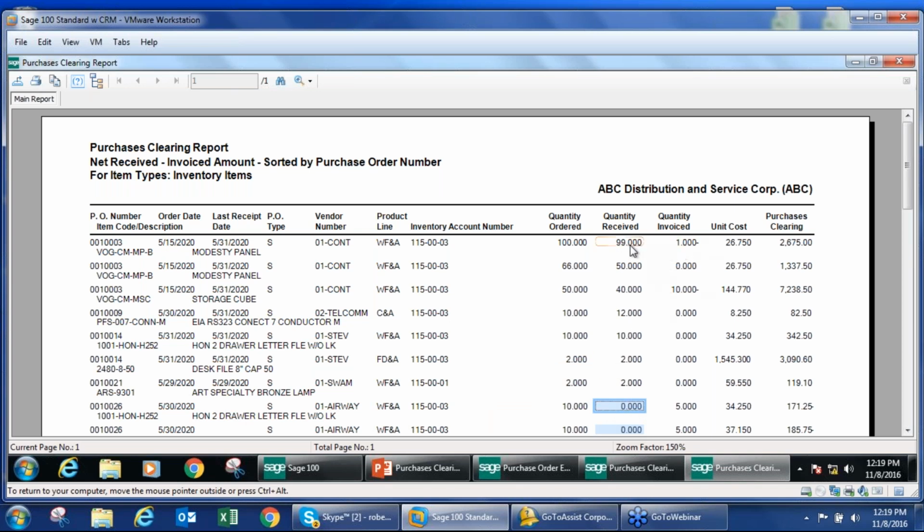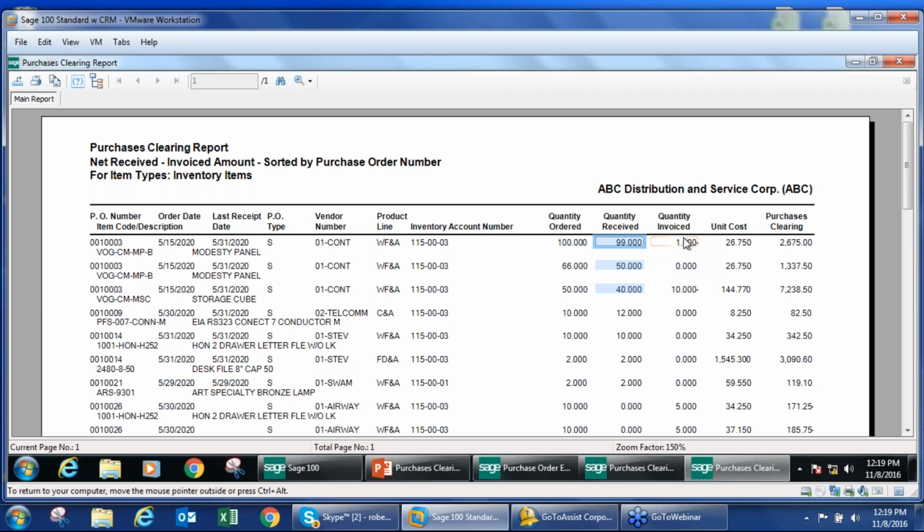In our case, where we did not process a receipt of invoice properly and we want to get rid of this, we could process a receipt of invoice, but now we're going to have possibly 2 invoices in AP.